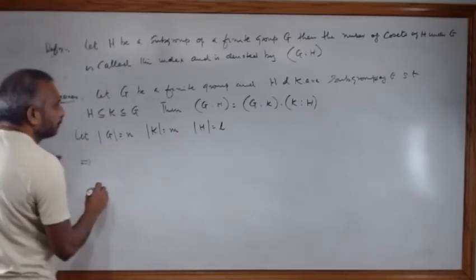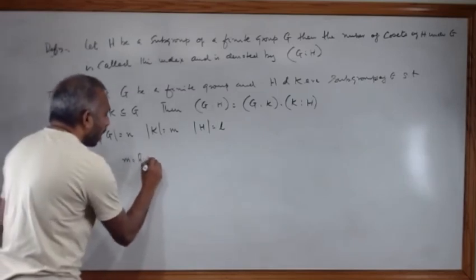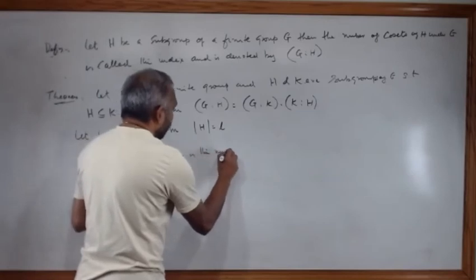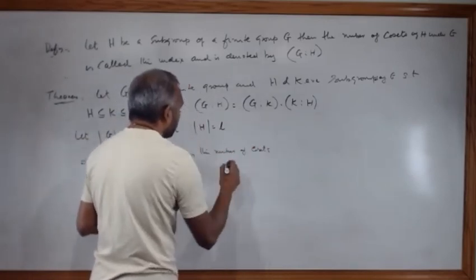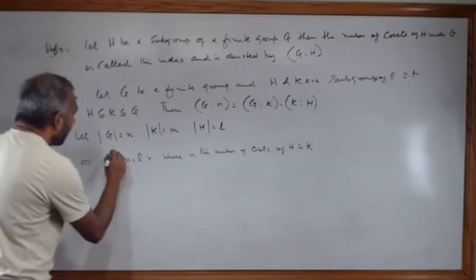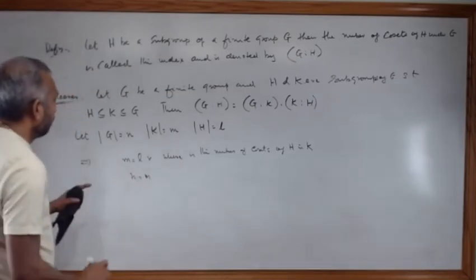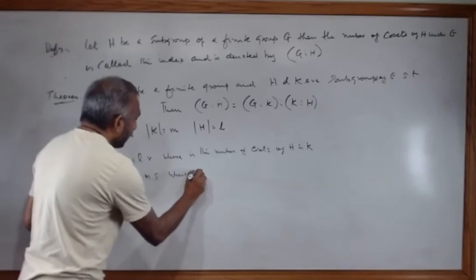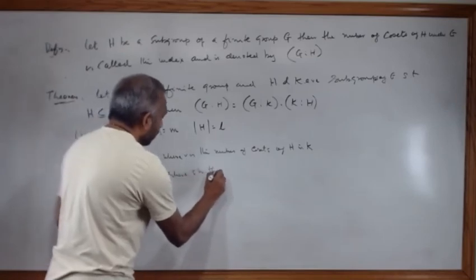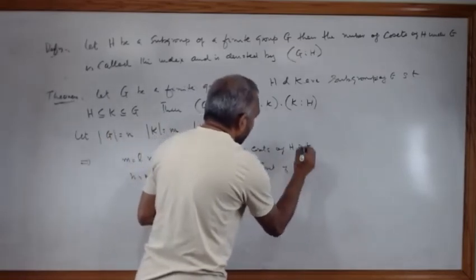This means m is equal to l times r, where r is the number of cosets of H in K, and n is equal to m times s, where s is the number of cosets of K in G.